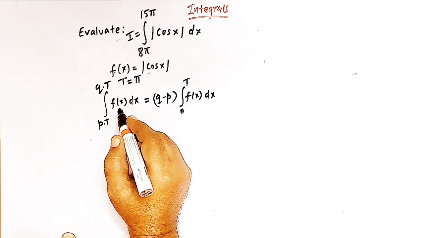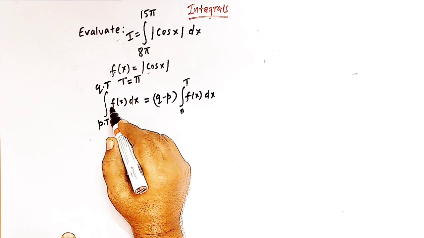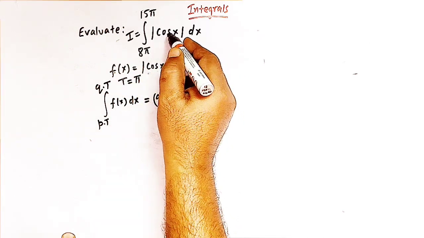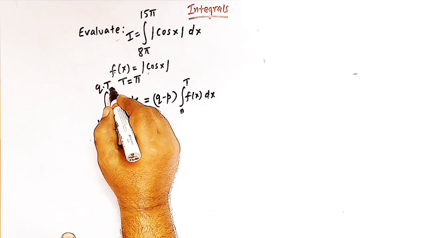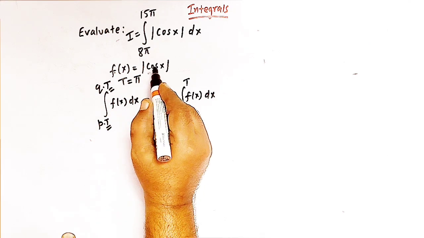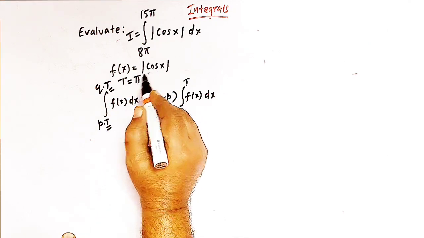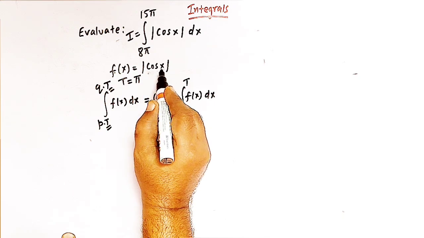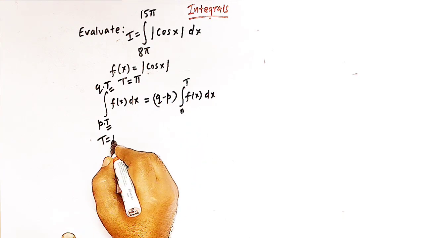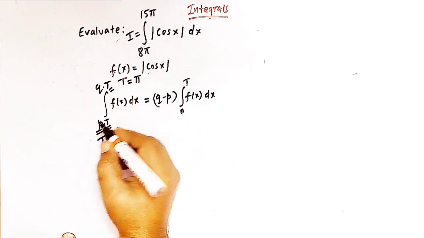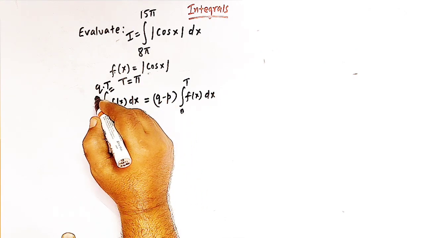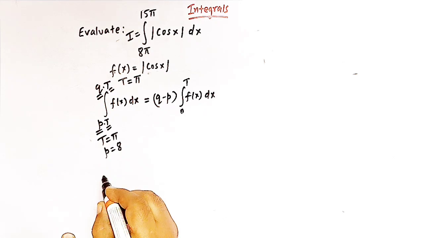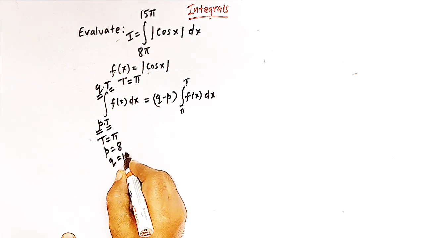Now if we compare this integral with this one, we can see that t is the period of f of x, that is mod of cos x. So the value of t is pi, the value of p is 8, and the value of q is 15.